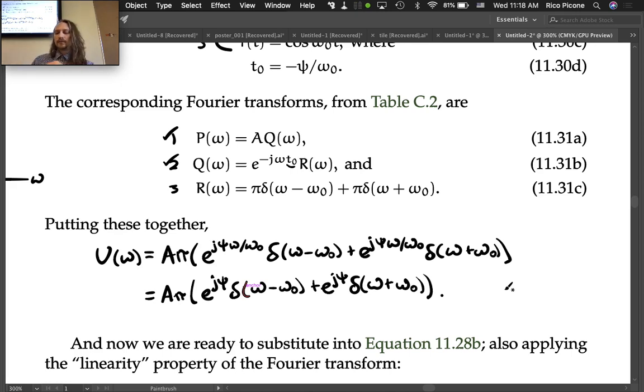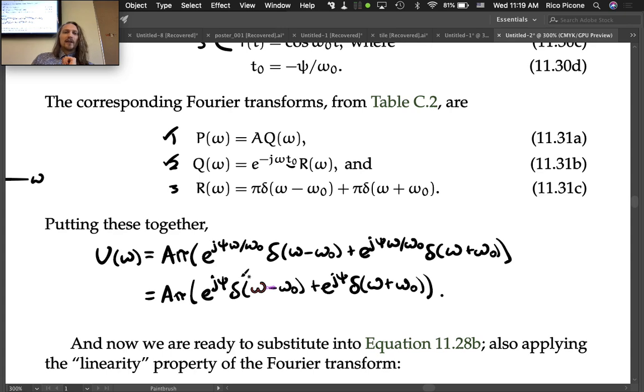How are you getting rid of omega naught? Well, it's a little tricky, because what I'm doing here is saying, I know this delta is going to wipe out everything from the exponential whenever omega is not equal to omega naught.